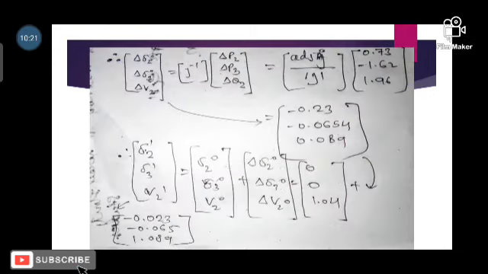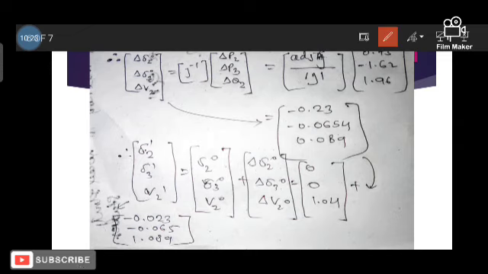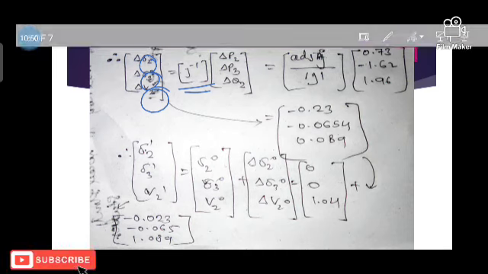So after forming the Jacobian matrix, we require the delta 0 of bus number 2 and bus number 3 and the voltage. By transferring the Jacobian to the right hand side, the Jacobian will be formed as minus inverse of that. So inverse of Jacobian with del P2, del P3, del Q2. So what is the inverse formula?